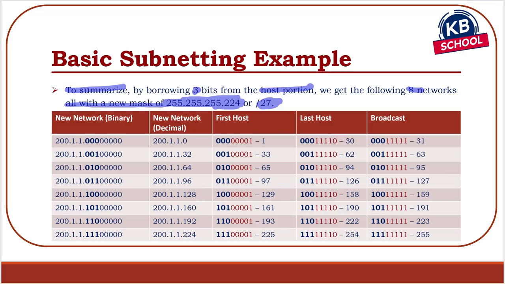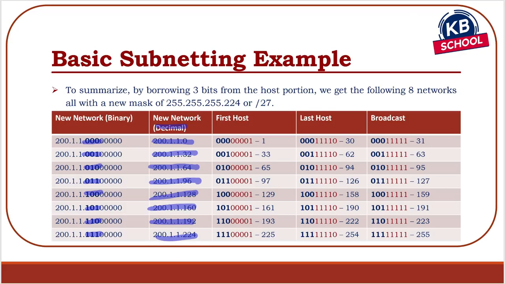Now, what are those networks over here? The first one is 000. We talked about that. The second one is 001, 010, 011, 100, 101, 110, 111. All right. And if I write that in decimal, this is in binary. In decimal, it is 200.1.1.0, 200.1.1.32, 200.1.1.64, 96, so on and so forth.